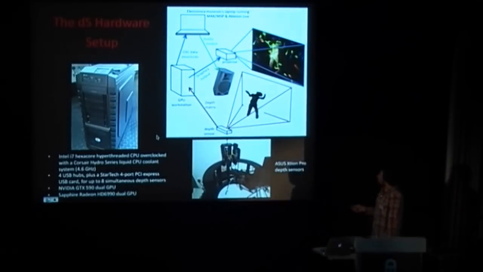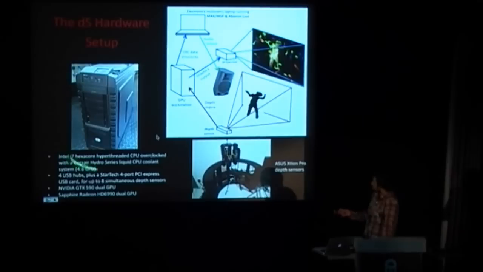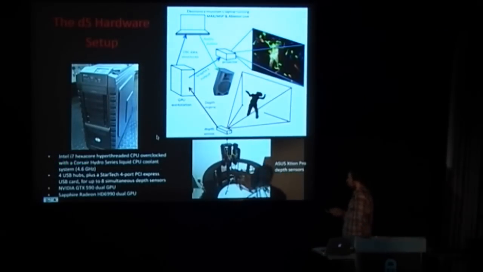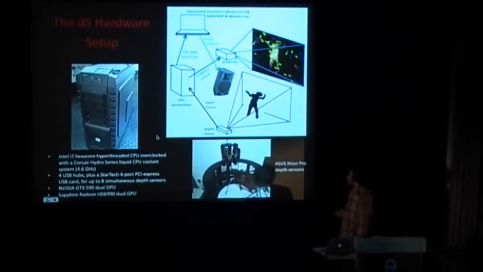So the hardware setup that we use lives right over there. We have basically a little workstation that we crammed as many GPUs into as would fit. There are some specs here. It has an Intel i7 hexa-core hyper-threaded CPU with a liquid cooling system, so it's overclocked to run at about 4.6 gigahertz.